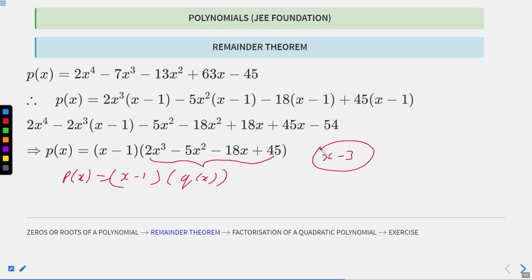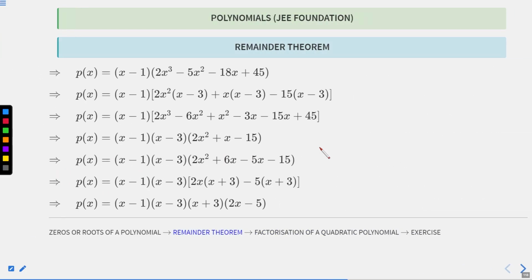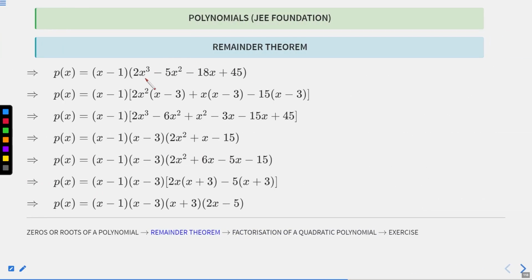So from this information, what we will do, we will make pairs to take x minus 3 out. So we make a pair like this, and then taking x minus 3 from each term, we take x minus 3 common and put whatever the remaining terms are in brackets.